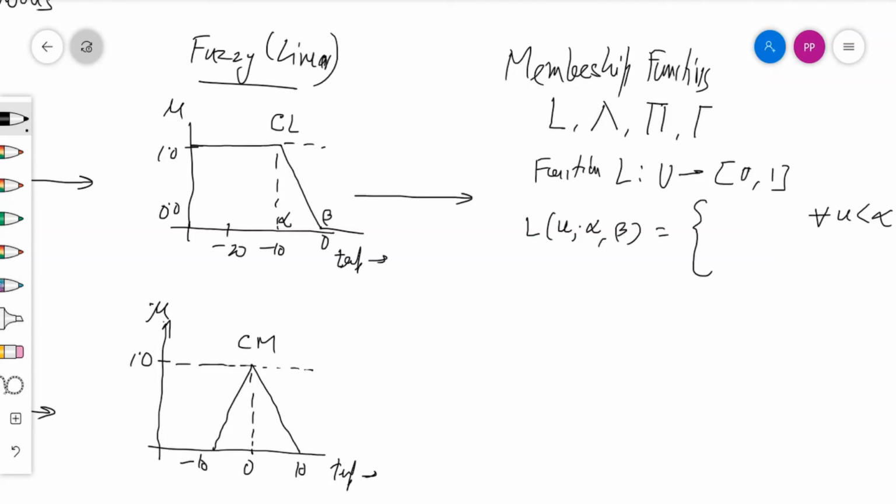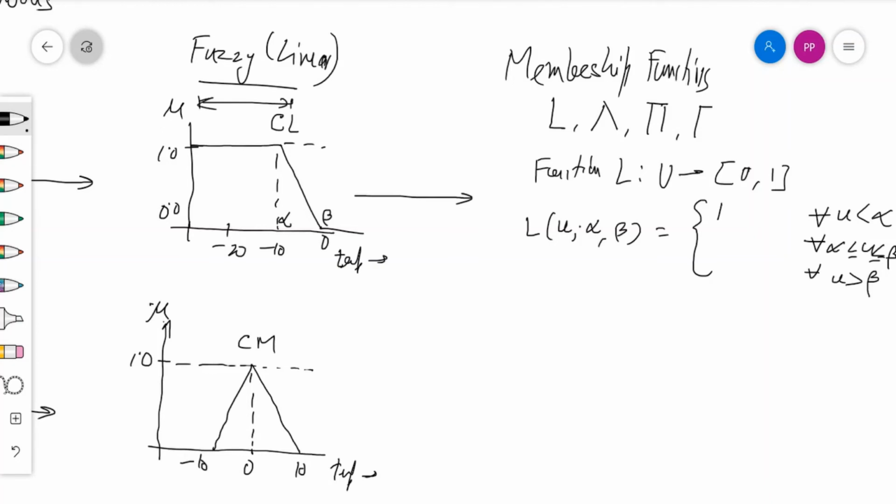So we can define the 3 ranges: u less than alpha, then alpha less than or equal to u less than or equal to beta, and the third one is u greater than beta. Naturally, for u less than alpha, that is this range in the figure, this range will give you the value 1.